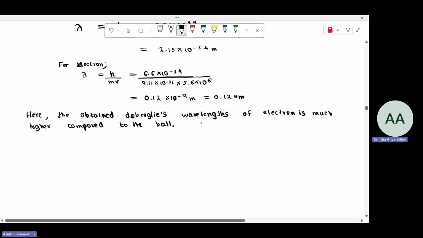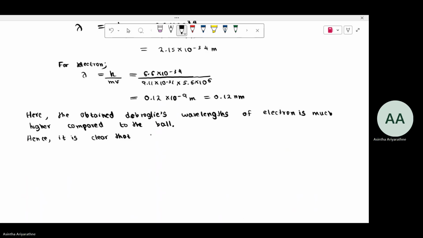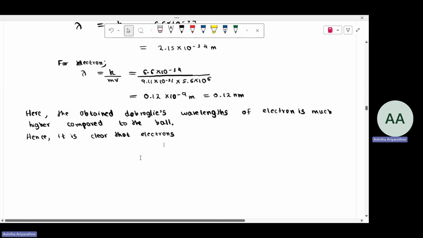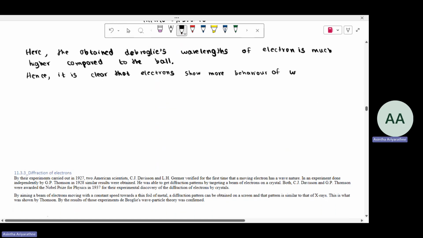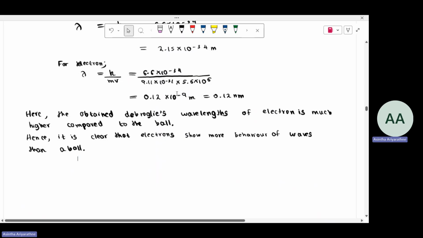Hence it is clear that electrons show more behavior of waves than a simple ball. I think now it is clear.